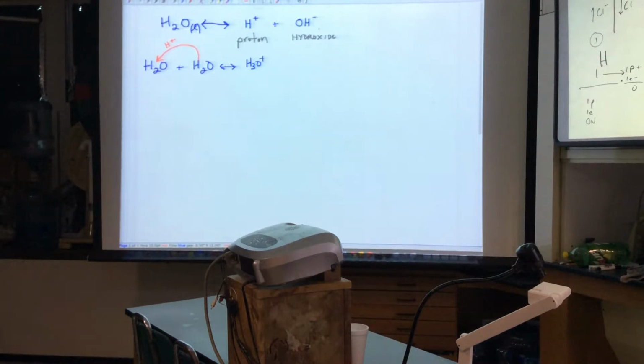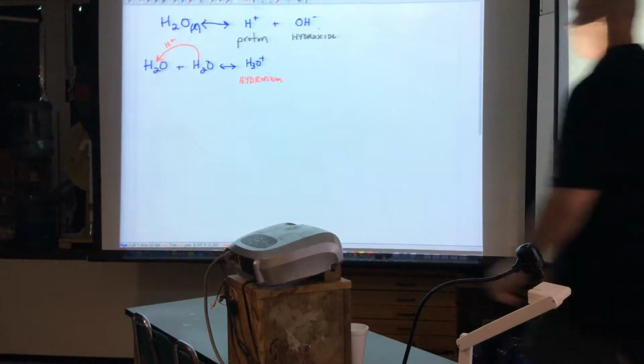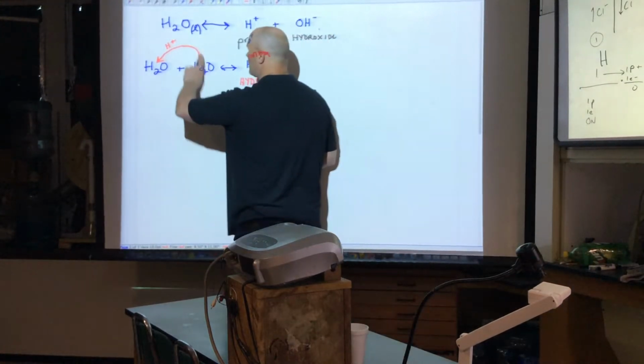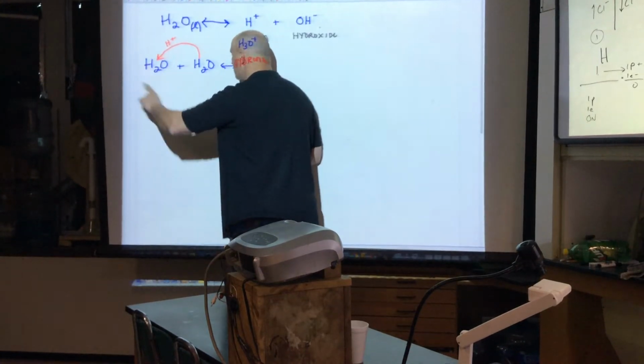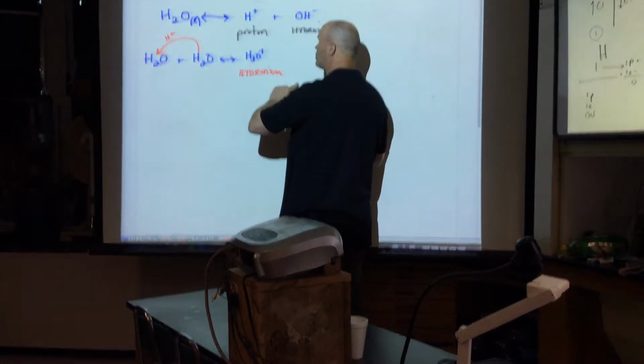H3O plus is called a hydronium ion. Hydronium. And it's a polyatomic ion. The reason it becomes positive 1 is because it gained a proton. This entire molecule gained 1 proton. So the whole thing becomes charged.